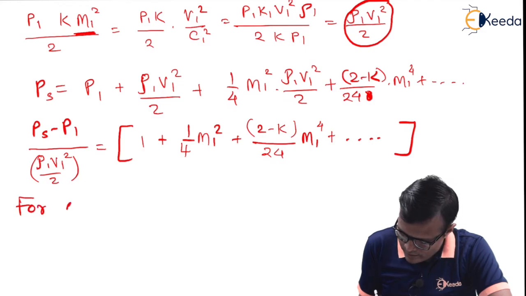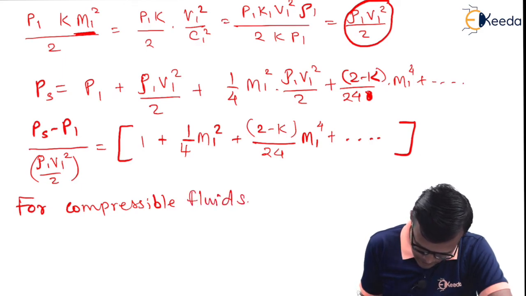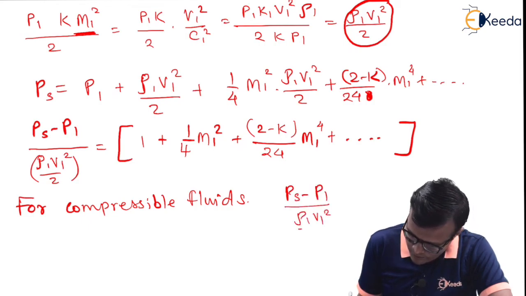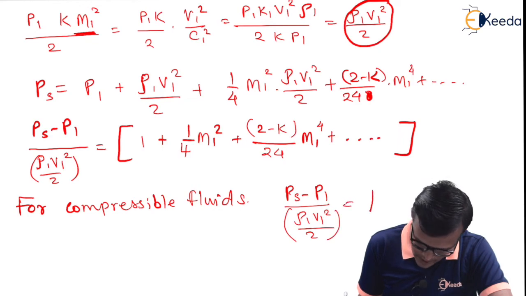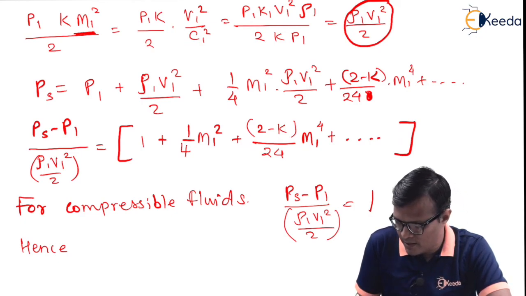For incompressible fluid, (PS minus P1) upon (rho 1 V1 square upon 2) is equal to 1. Hence, if this is 1, then the something is equal to 0.